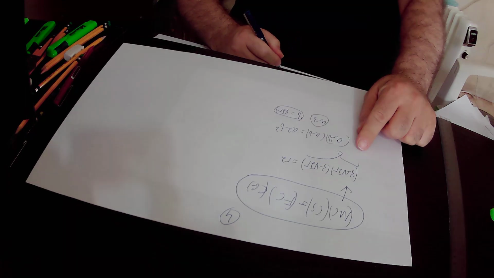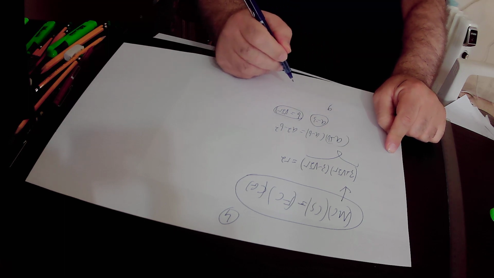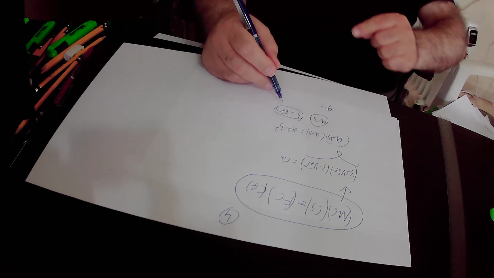Therefore, here A squared is 3 squared, that is 9, minus B squared.